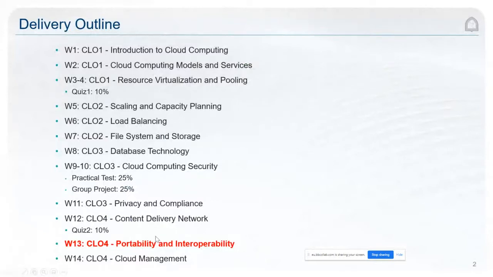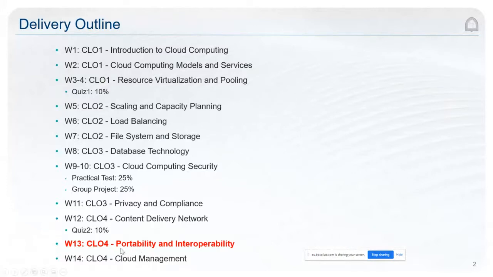So we have passed a long time of the course. We covered a huge amount of resources in the course. Now we are in CLO for portability and interoperability.